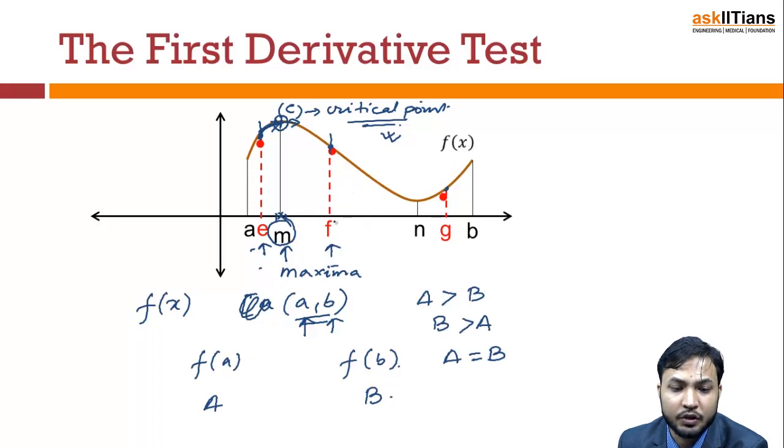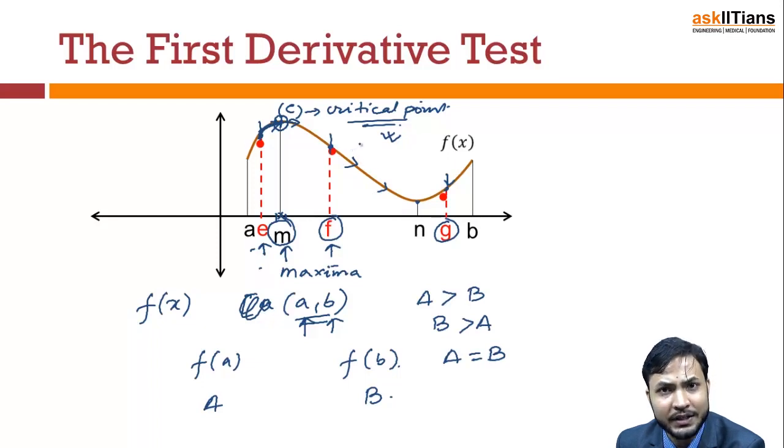Similarly, if I look at these two parts, f and g, during this part my slope is going downwards, and the values are decreasing. But after it reaches n, it again starts increasing.